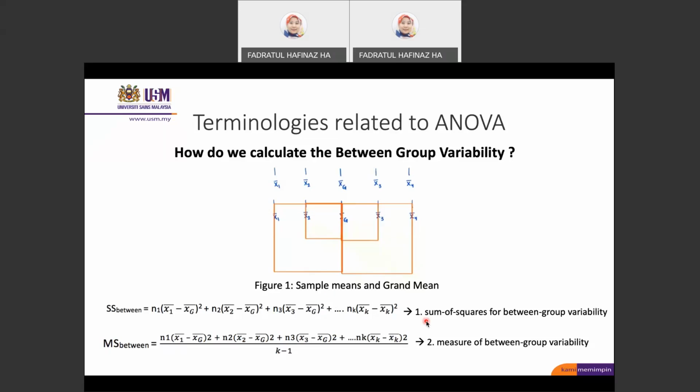For our between group variability, we will find each square deviation, weight them by their sample size, sum them up, and divide it by the degrees of freedom, df between, which in the case of between group variability is the number of sample means k minus 1. So this is formula number 2, how we want to measure between group variability.